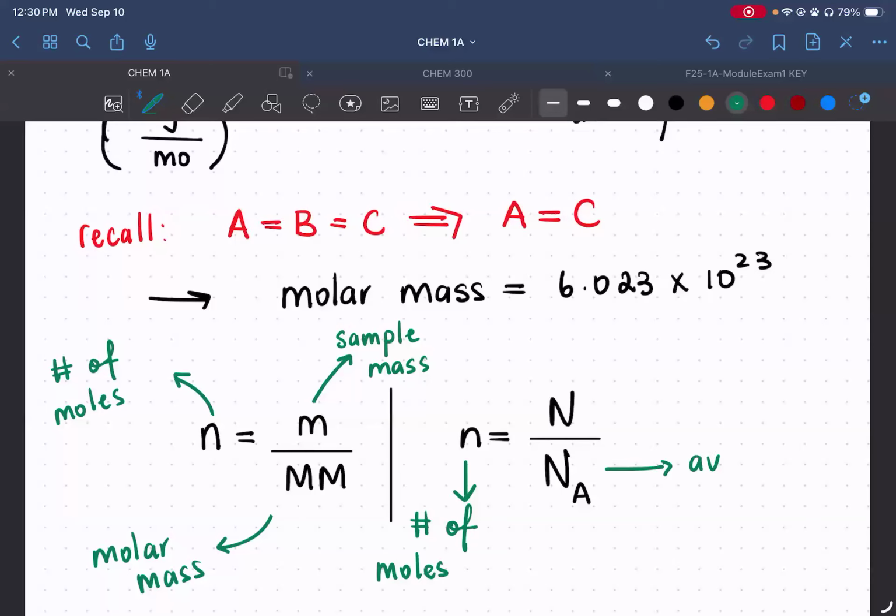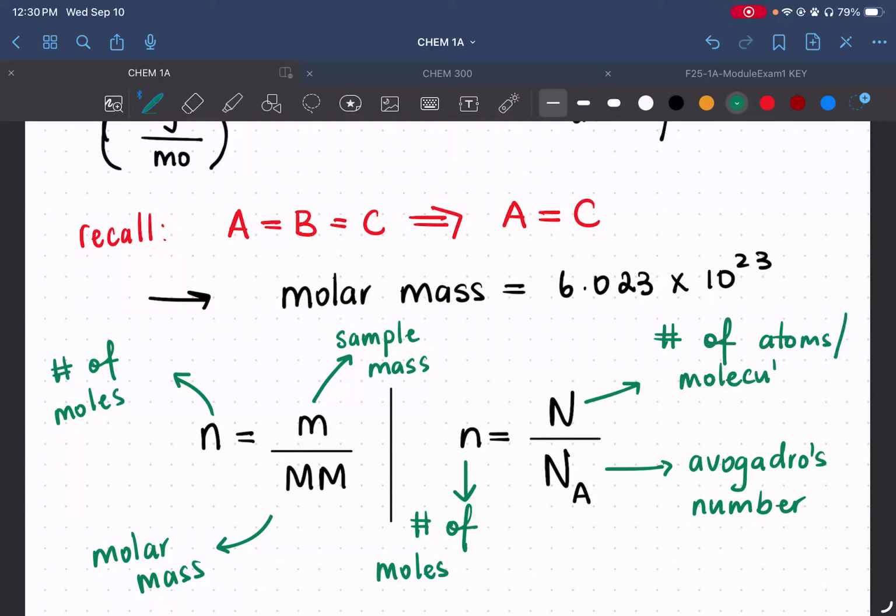N_A is Avogadro's number. And capital N is number of atoms or molecules. These are the two formulae that I'm now officially introducing that you are expected to memorize and know how to manipulate and use, because this will guide all of our calculations from henceforward.